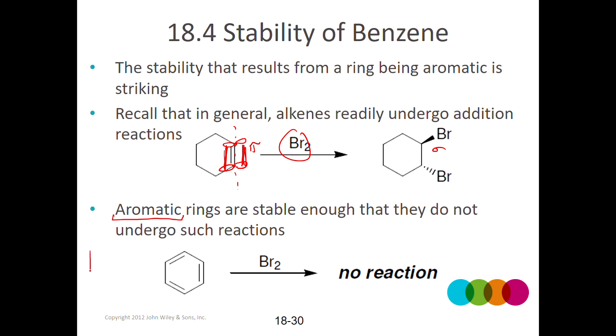Just draw this reaction coordinate system here. So if we're looking at the free energy, and we're just looking at this alkene versus the benzene, this pi bond is significantly less stable than the pi bonds here because of the resonance. So I'll call this B for benzene and this A for alkene.